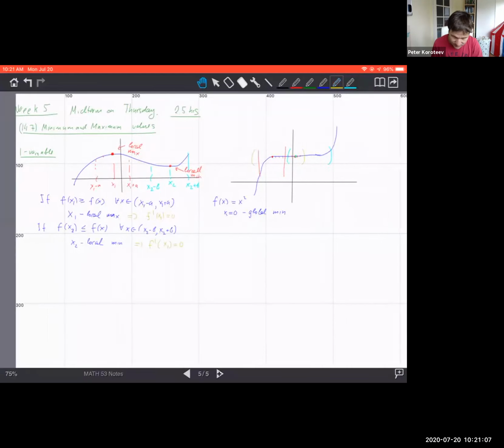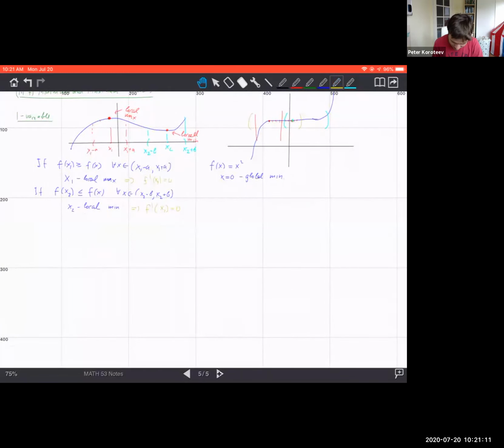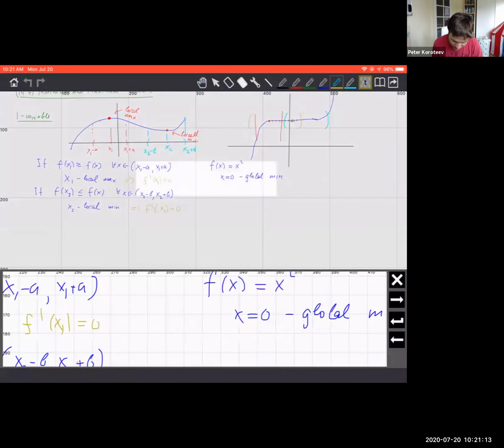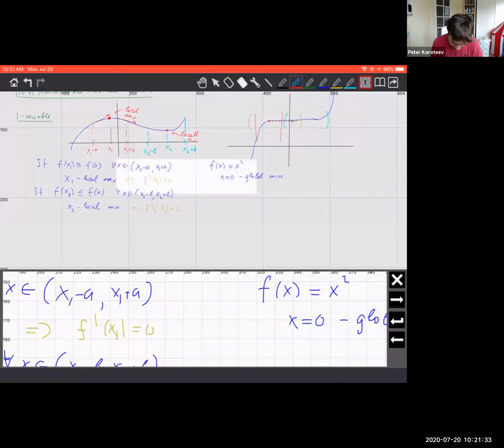Since Hannah mentioned that, we can decide maximum or minimum by what happens with the second derivative. Hannah is saying that at a local maximum the derivative changes from positive to negative. Indeed, the tangent vector was making a positive angle, then a negative angle. So what shall we say about the second derivative?